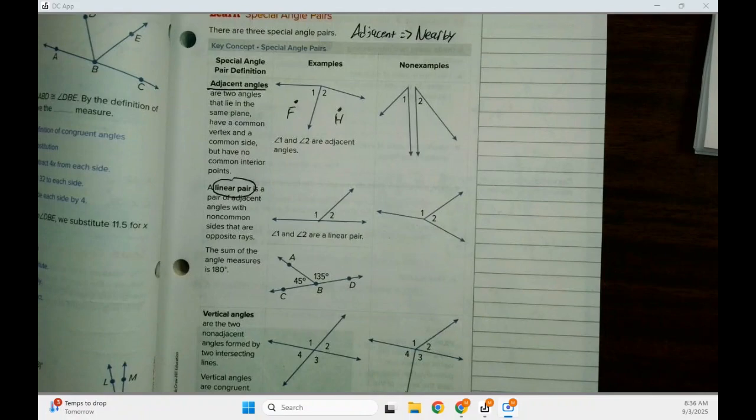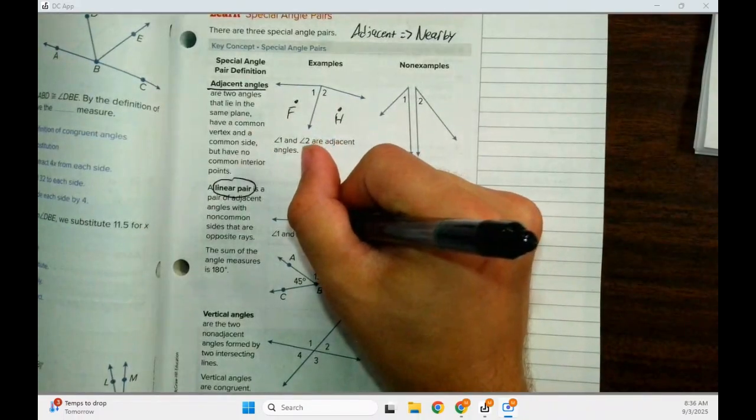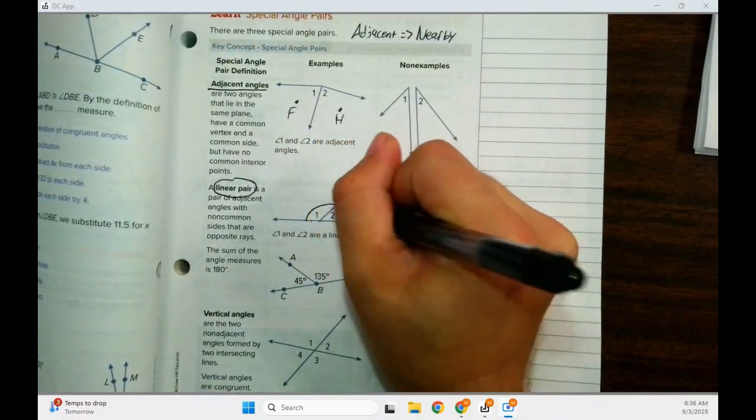And how many degrees is a straight angle? 180, exactly. So what that's saying is, oh, wait a minute. What's so useful about a linear pair is that their measurements add to how many degrees?